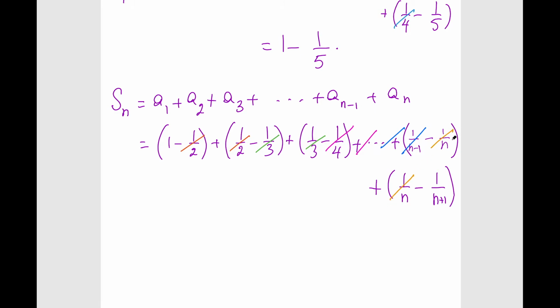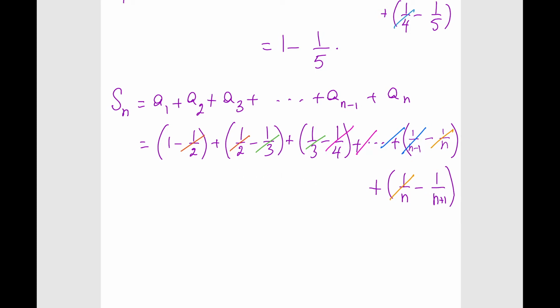It's right there. And then this guy doesn't have any partner because the guy that's going to cancel it comes after. Remember, the negative comes before the positive according to the sum here. The positive part comes after, but we already stopped. So this guy doesn't have a partner.